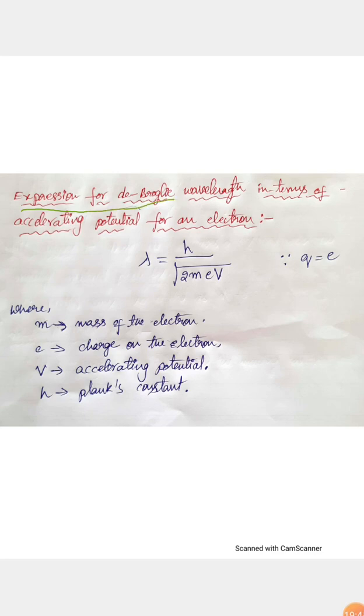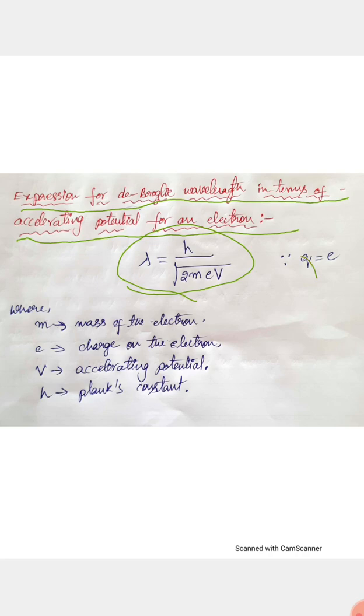Next is the expression for de Broglie wavelength in terms of accelerating potential of an electron. In the previous one we took a particle, but here we take an electron. The de Broglie wavelength, lambda, is equal to h divided by the square root of 2m into qv, which we got in the previous term. Here the charge on the electron is indicated by e.